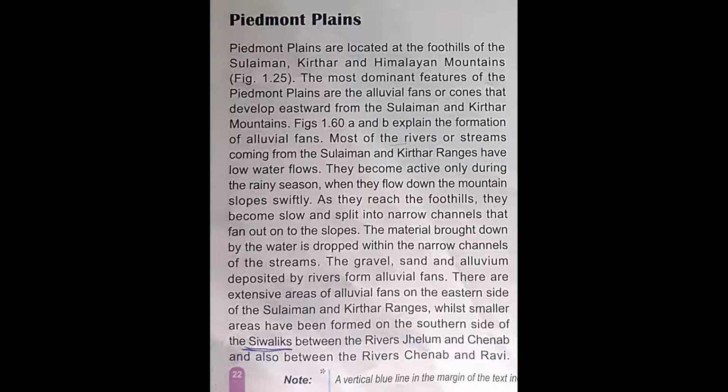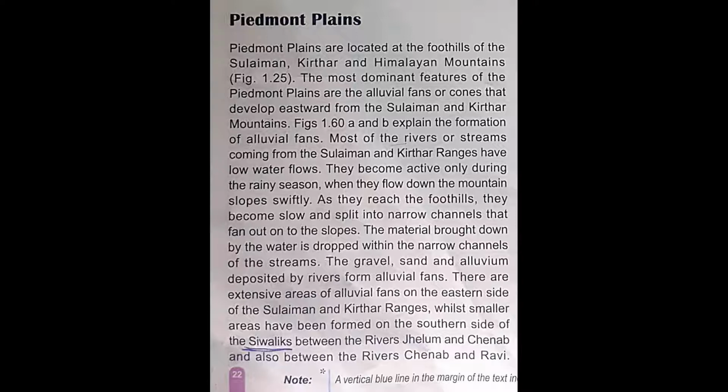Most of the rivers or streams coming from the Suleiman and Kirthar ranges have low water flows. So when the water runs from the Suleiman Kirthar range, the flow and the gush of water is low.